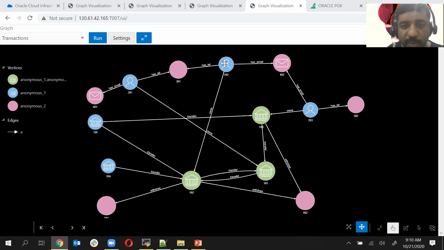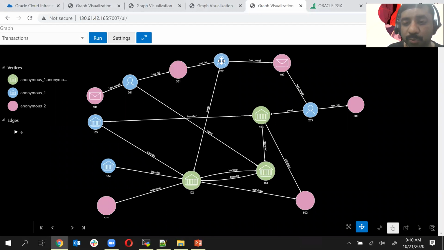If you take a look at this particular example, 202 has an email which is associated with the ID 402, but you can also see that 203 also shares the same email. You can also see that 202 has a telephone number, but then 201 also shares the same telephone number. So it's like a community of people trying to share information between themselves and then trying to make transactions that are also cyclic in nature.